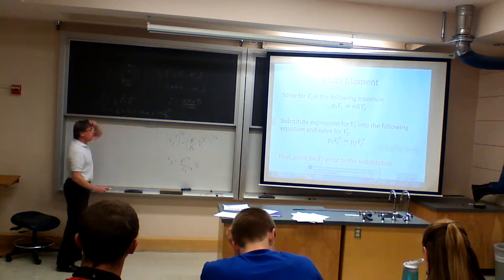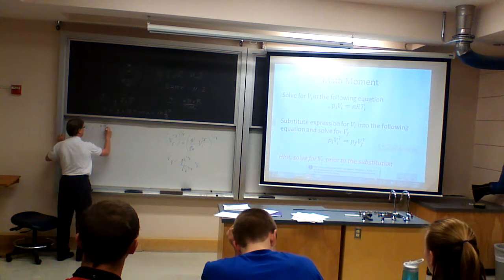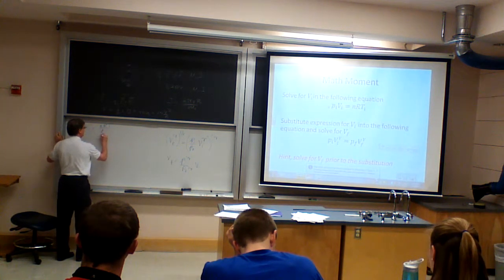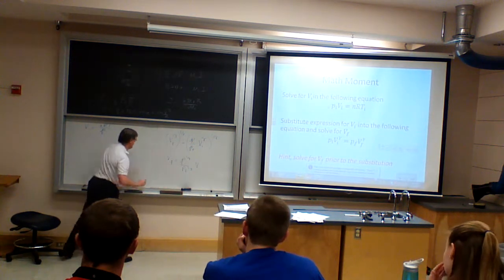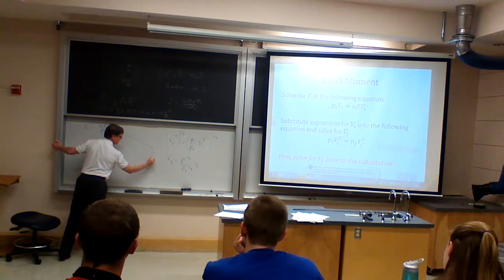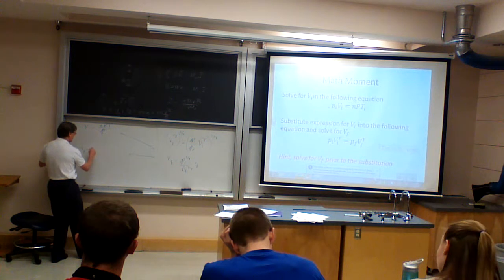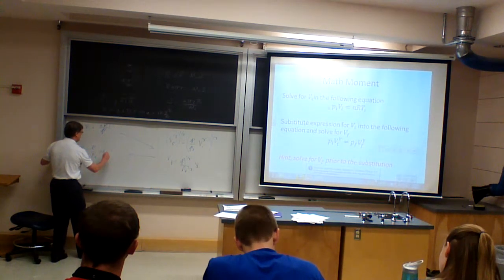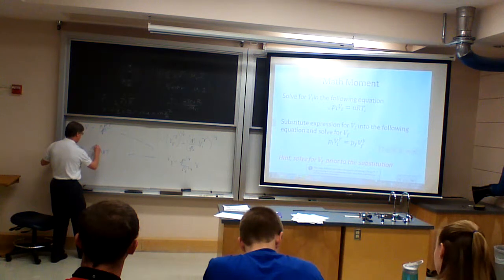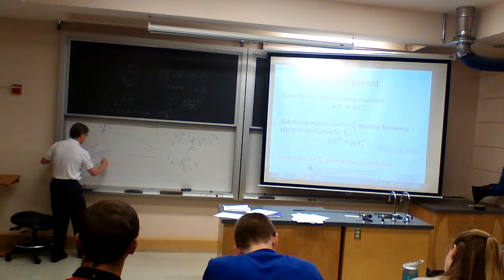So let's go back to our initial, solve for V initial. V initial equals nRT over P initial. Now we can substitute that in for V initial here. Substituting that in, V final equals P initial over P final, to the 1 over gamma, times nRT over P initial to the 1 over gamma.